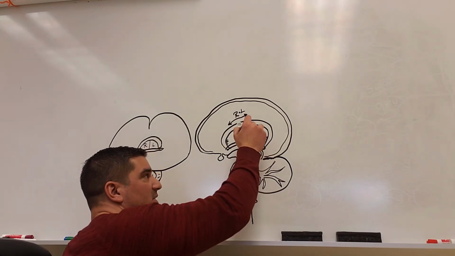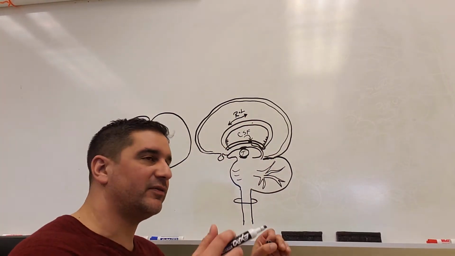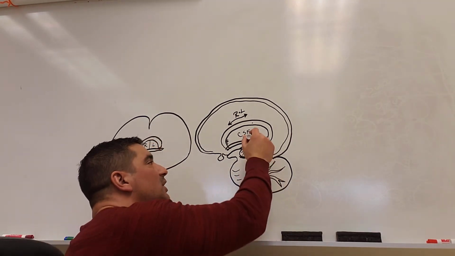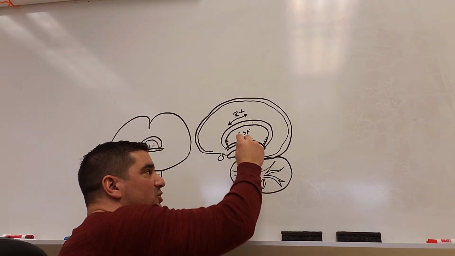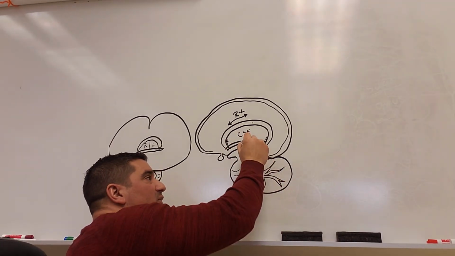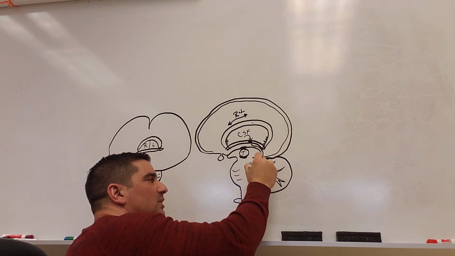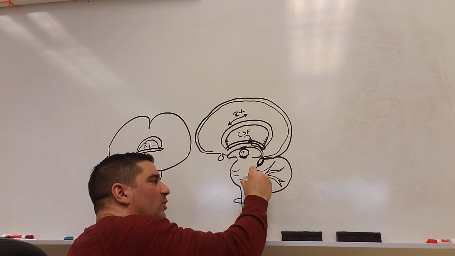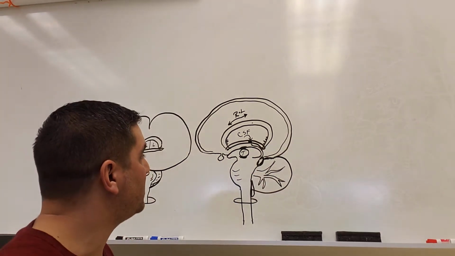All right? So cerebral spinal fluid is going to go from the lateral ventricles, right and left, first and second, whatever you want to call them, through the interventricular foramen, the hole between the ventricles, through the cerebral aqueduct, down here to the third ventricle, and then continue along to the fourth ventricle. That's the path of cerebral spinal fluid.